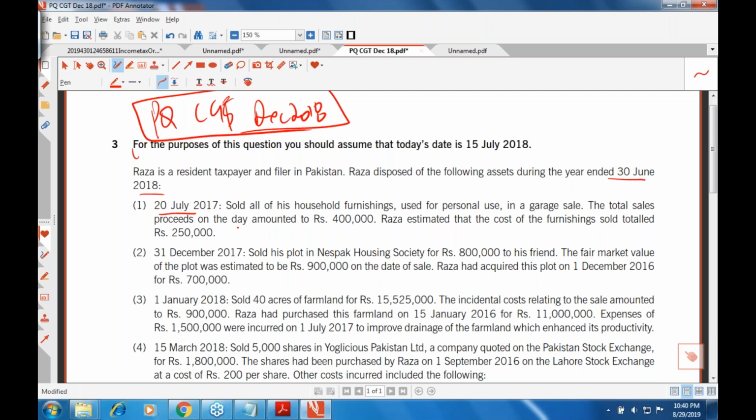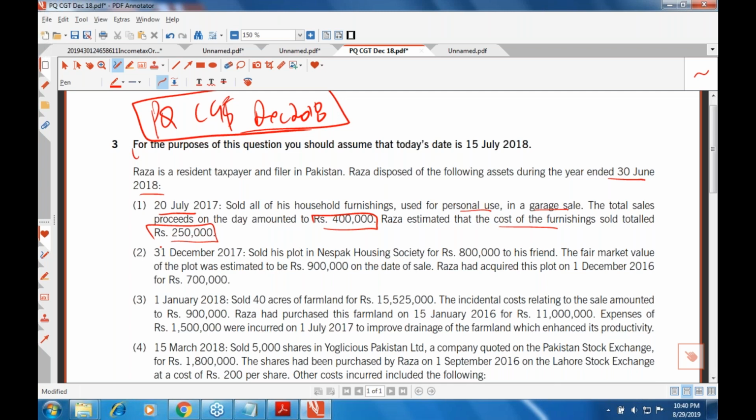On 20th July 17, he sold all his household furnishings used for personal use in a garage sale. The total sales proceeds on the day amounted to 400,000. Radha estimated that the cost of the furnishings sold totaled 250,000. So what happens is he sold all his household furnishings for personal use in a garage sale.